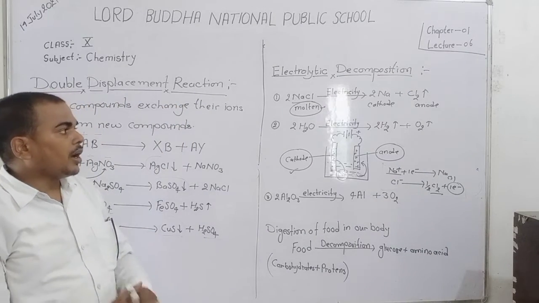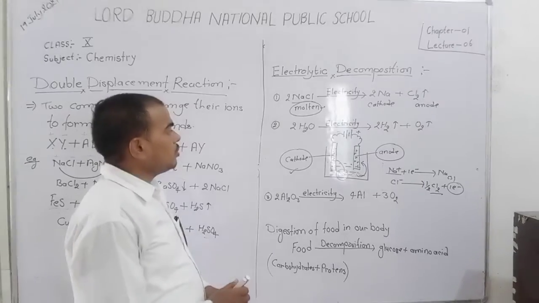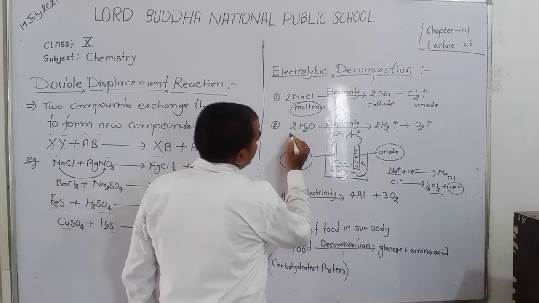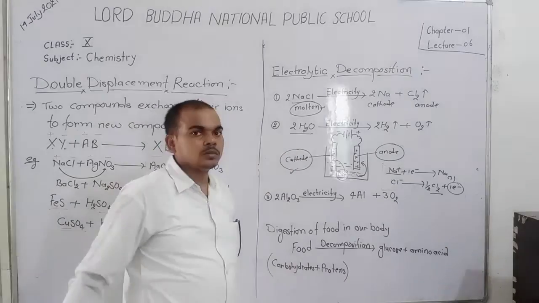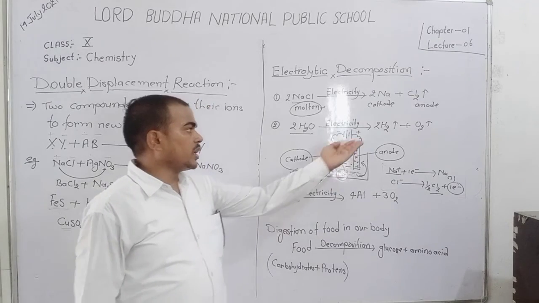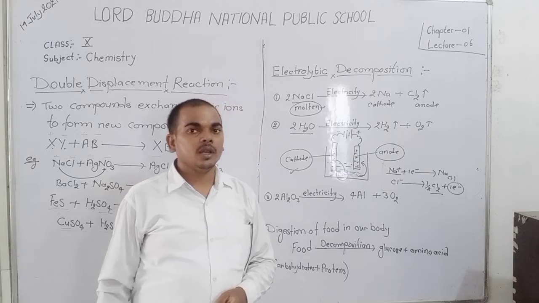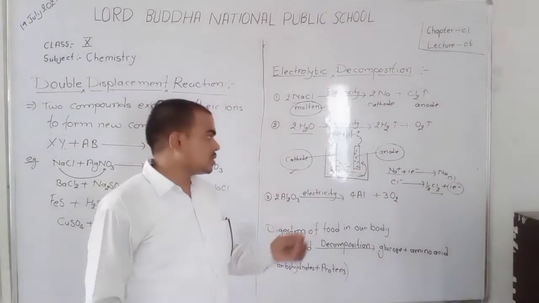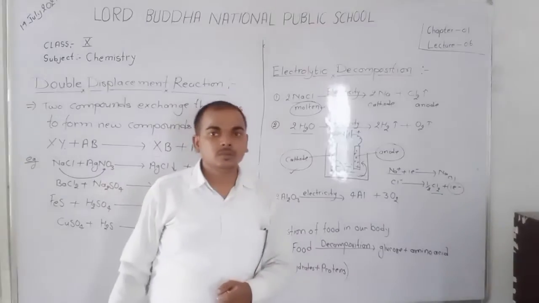Dear student, I want you to please solve this equation: from where hydrogen gas is liberated and from where oxygen gas is liberated. Please first represent it as the equation given here.